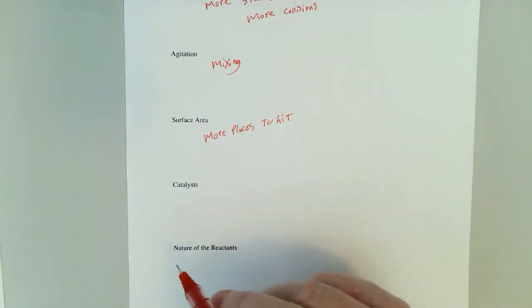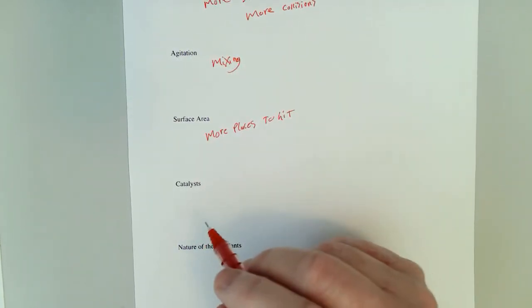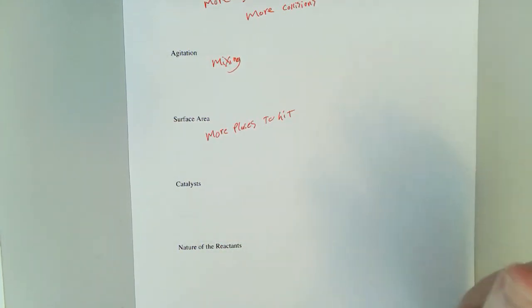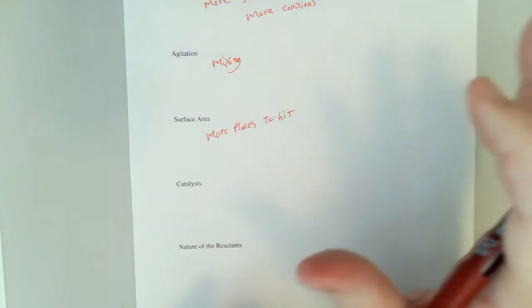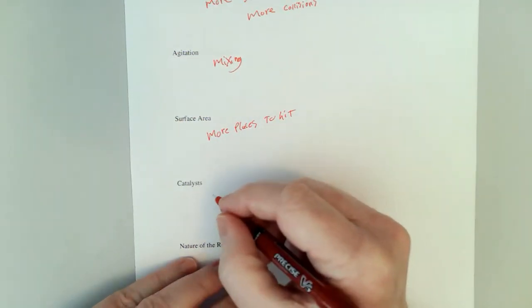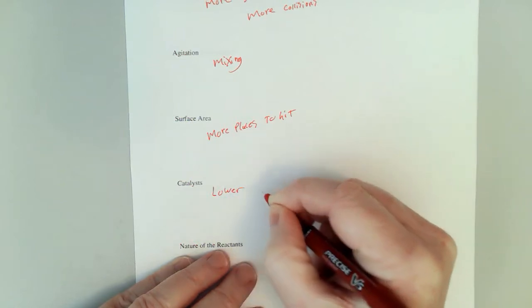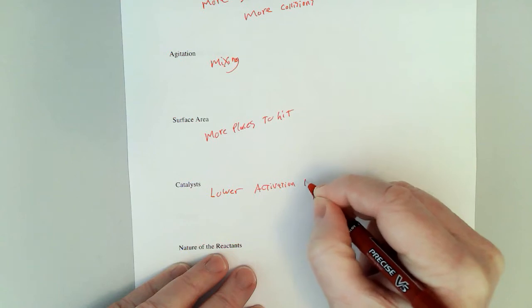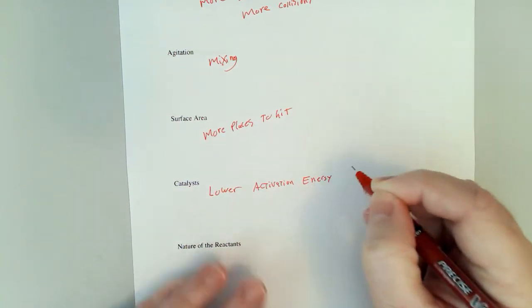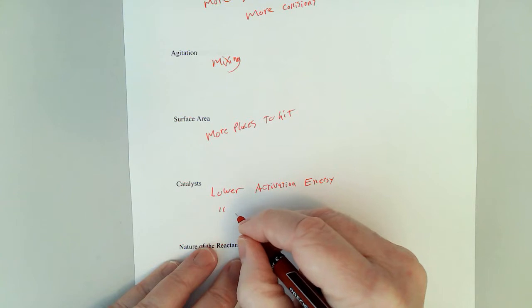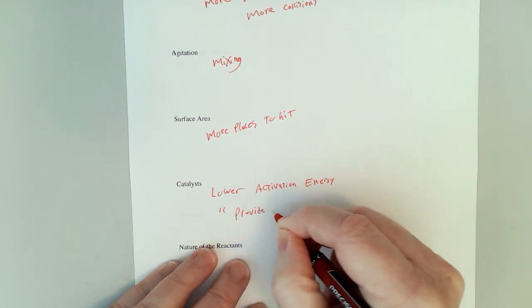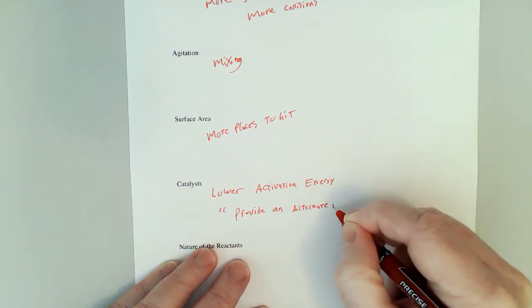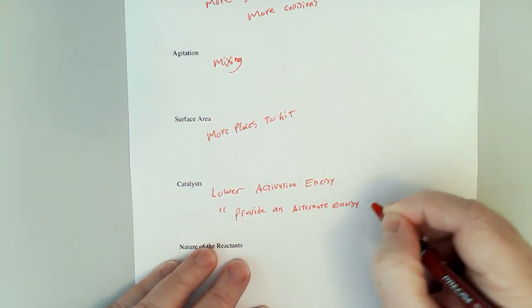Now, you may have heard about catalysts in biology, and most of what was said there is very biology-oriented, and we really need to look at a much bigger picture. A catalyst can lower an activation energy. It can also raise it too. So what we like to say is catalysts provide an alternate energy pathway.